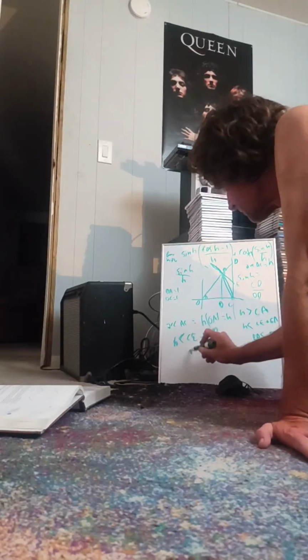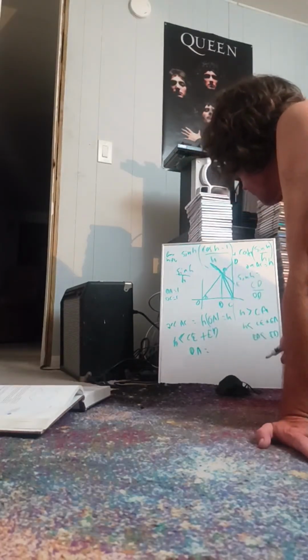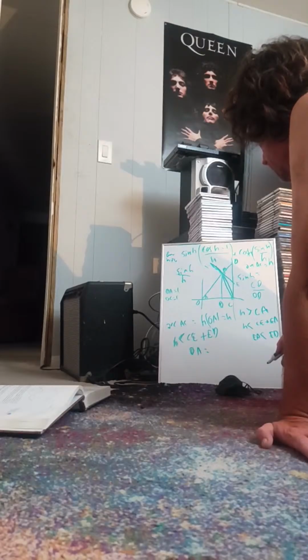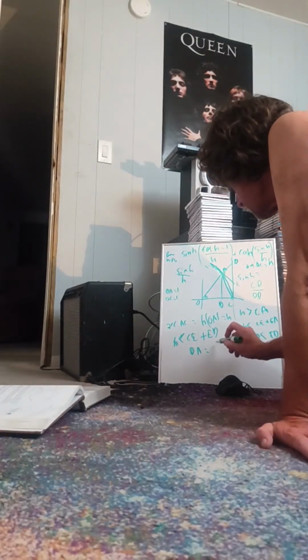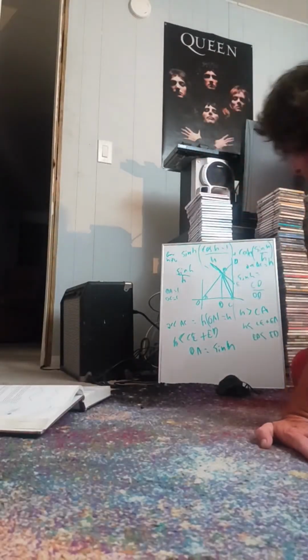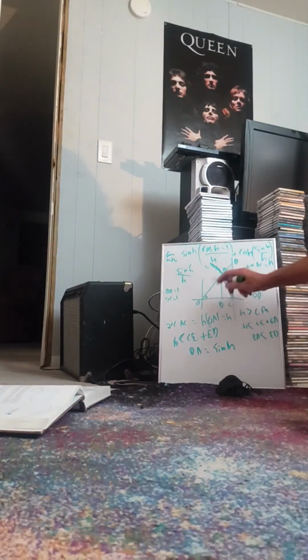BA, let's do this. BA equals sine of H. Just does. Because this is BA over OA. OA is 1.